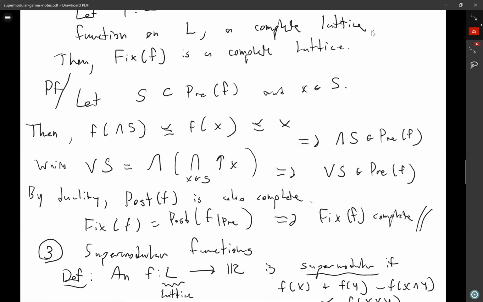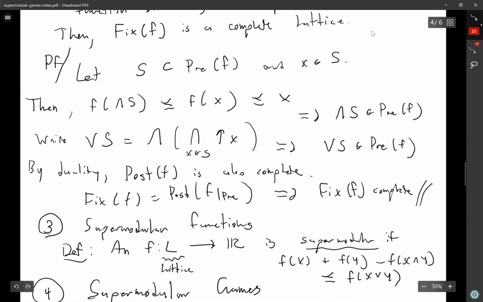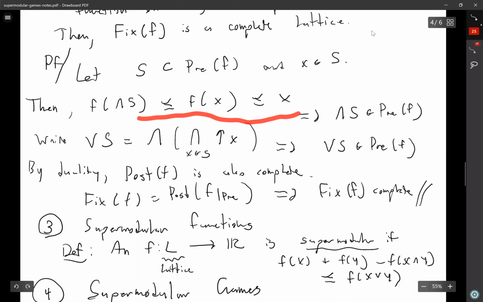So suppose we have a subset S of the prefix points of f and any given element x of that subset. Then we have this inequality by the order-preserving property of f, and by the fact that we assumed x was in S, which is in the prefix points, so it satisfies this property. So this implies that this is in the prefix points.